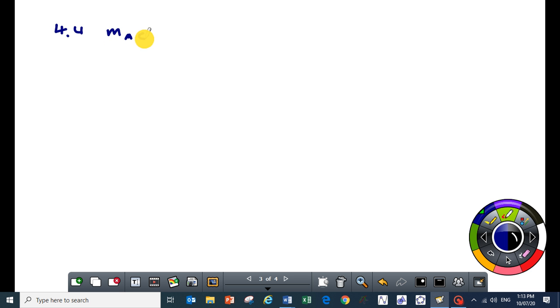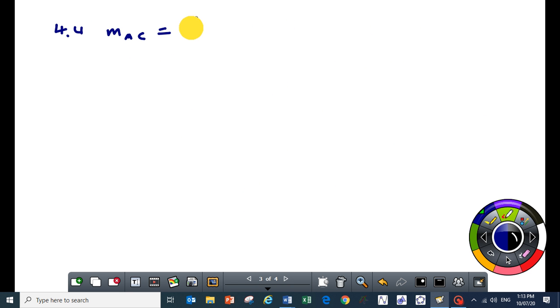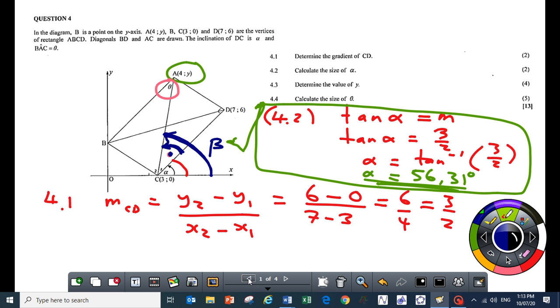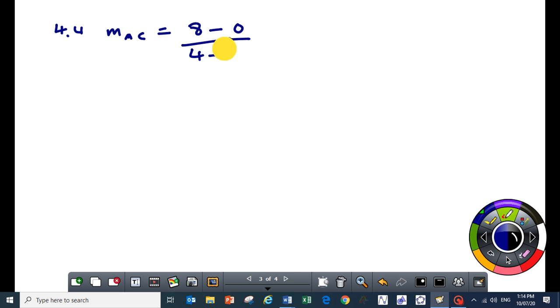So m_AC will be equal to, I'll write 0 minus y, and y is equal to 8, so I can take 8 minus 0 over, this is 8 minus 0, then 4 minus 3. 4 minus 3, I'll get 8 over 1, which gives me 8. So the gradient of AC is 8.